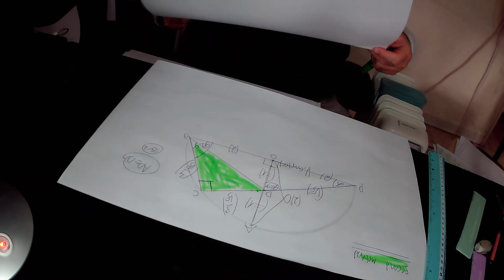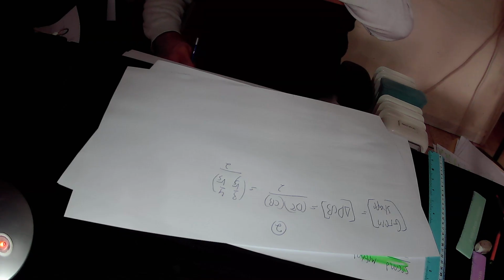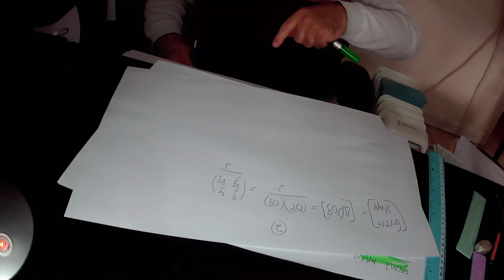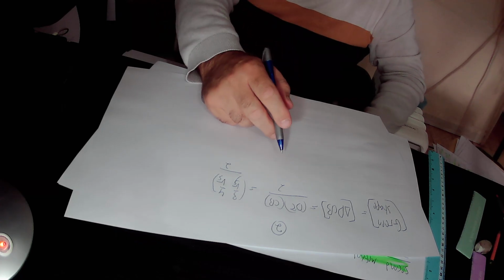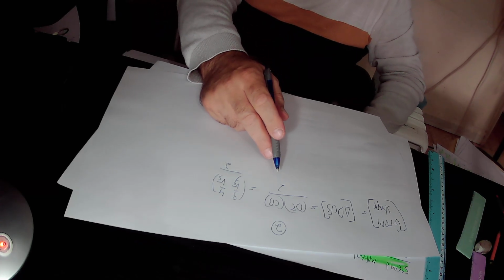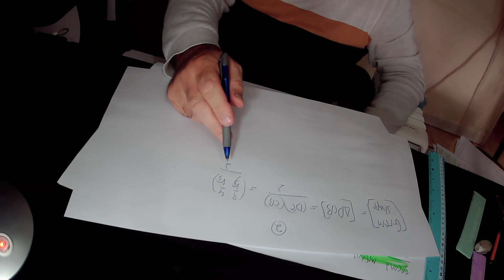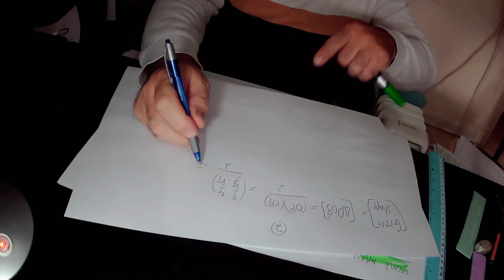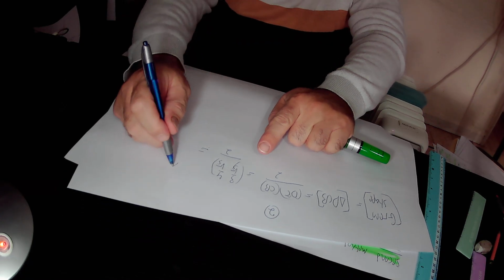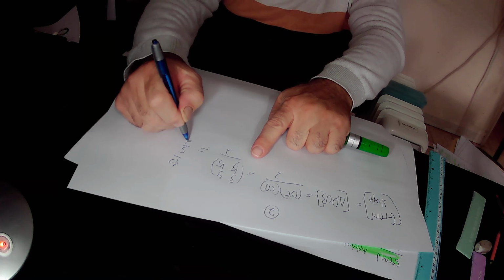So the area of the green shape equals the area of triangle DCB. Here we have in the numerator 3 times 4 is 12, over square root of 5 times square root of 5 is 5, over 2.